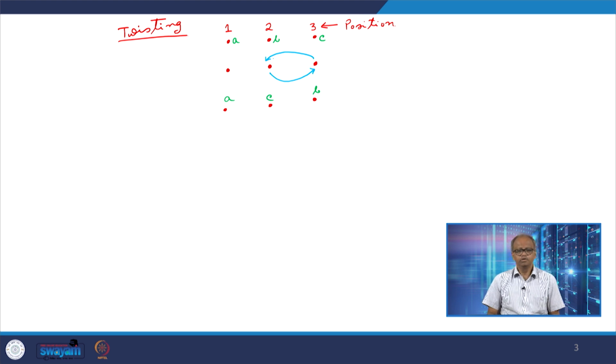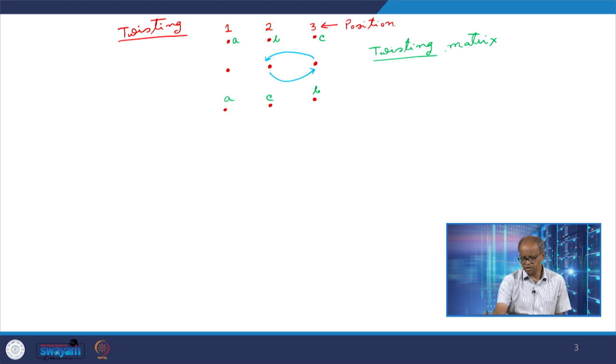Now, how do I represent this operation of twisting? That is done by a simple matrix. We call it a twisting matrix, and that twisting matrix can be derived in a very simple manner.